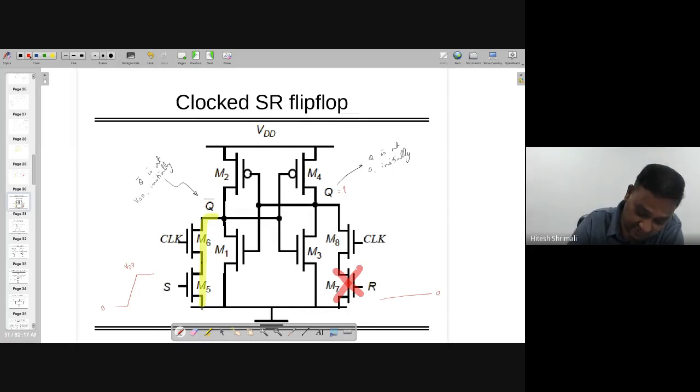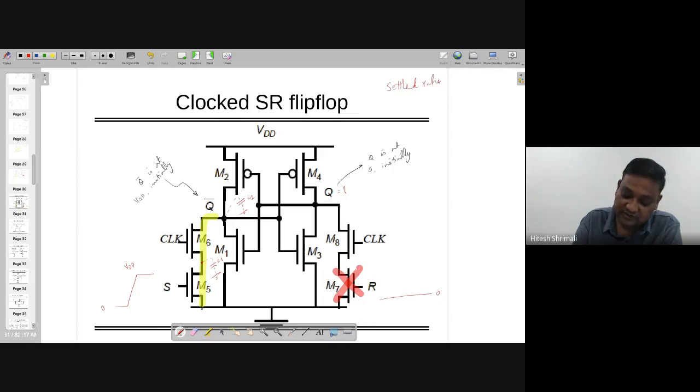The capacitance which is available over here and the capacitance available over here. I'm not going into detail how you are going to find it, but C1 and C2 are there through which you can find the delay. Elmore delay multiplied by 0.69 is going to give you the propagation delay. Or if you want to get the settling time exactly at 100%, you don't need to multiply with 0.69. In this case, I am not going to multiply with 0.69 because I am interested in the settled value.